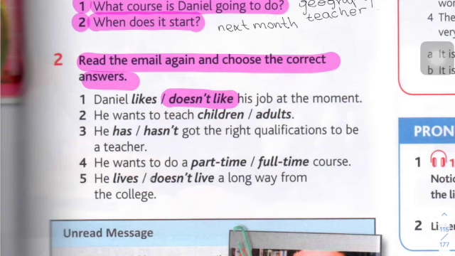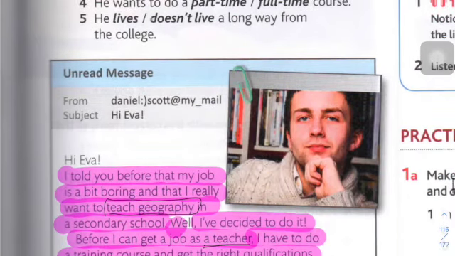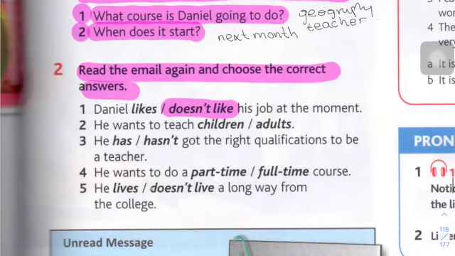He wants to teach children or adults? In a high school, so children. Number three, he has got or hasn't got the right qualifications.